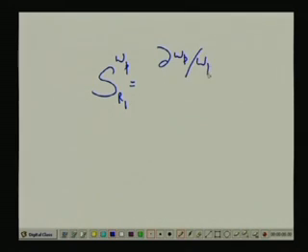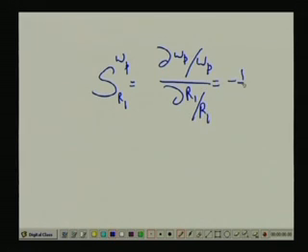So what is the sensitivity now? The sensitivity of omega p with respect to R1 is delta omega p by omega p over delta R1 by R1, and in this case it is minus half, right.